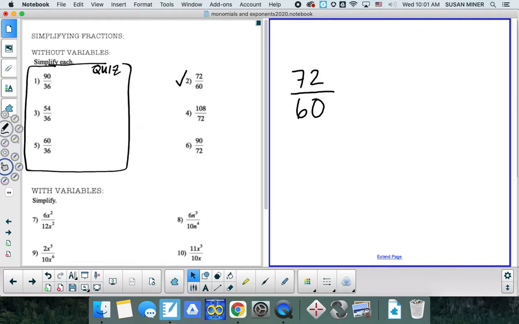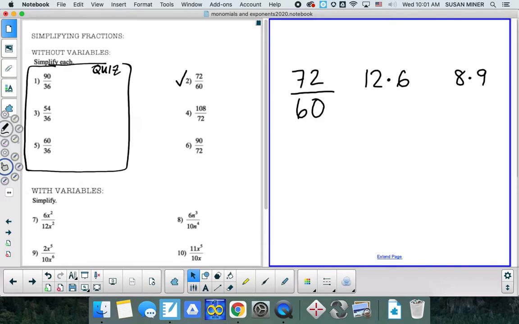So thinking about this, I know that 12 times 8, and this is what I'm thinking about in my mind. Oh, sorry, not 12 times 8. 12 times 6 is one way that I can get the number 72. Some of the other ways, maybe like 8 times 9 would be another way that I could get 72, right? But I'm just thinking of, in my mind, numbers that I can multiply together to get 72.